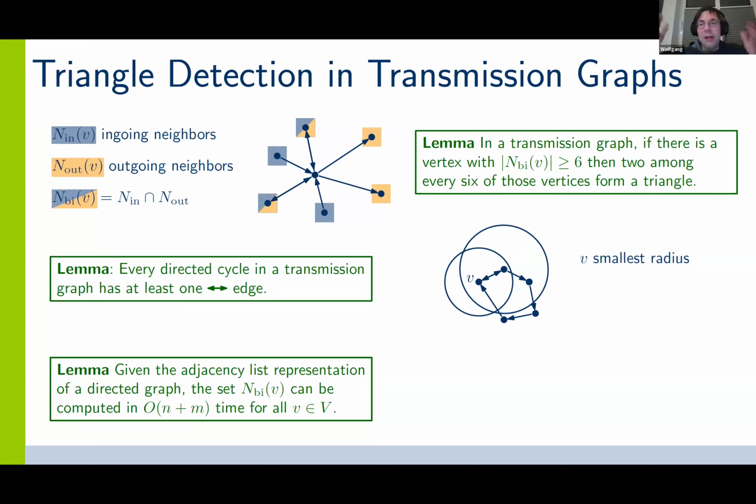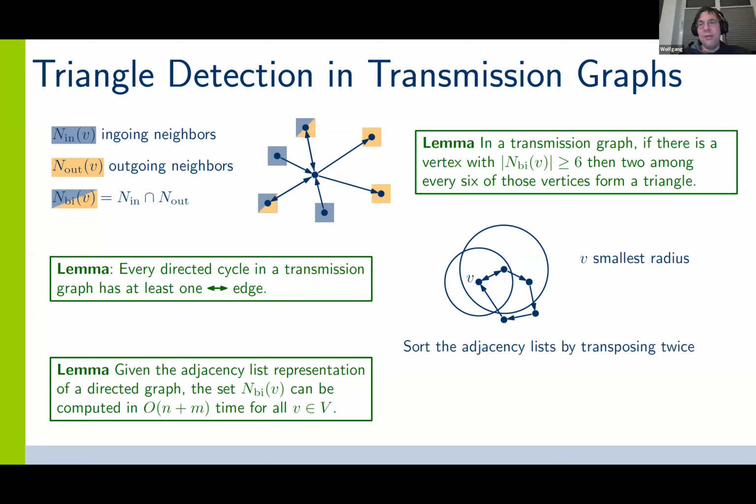We assume that our graph is given in the adjacency list representation completely abstractly, in a directed adjacency list representation. And then there's a simple algorithmic lemma. It's an exercise that you can identify the set of all bidirectional neighbors in n plus m time, so in linear time, by a few scans over the adjacency list.